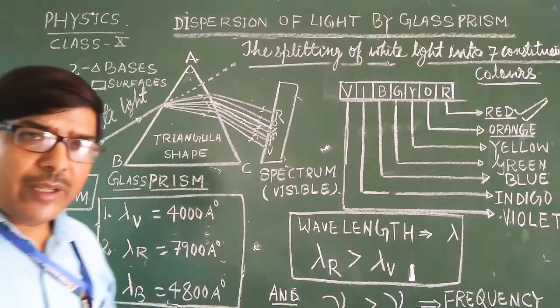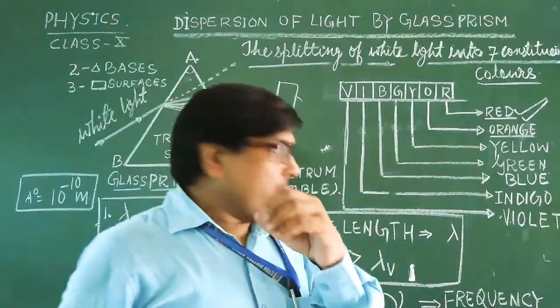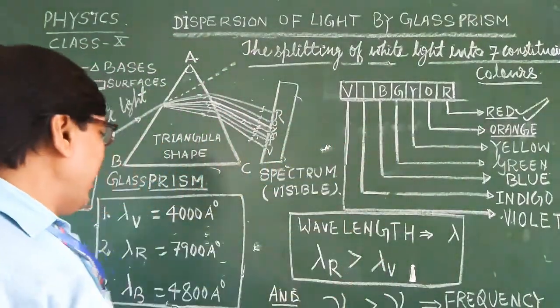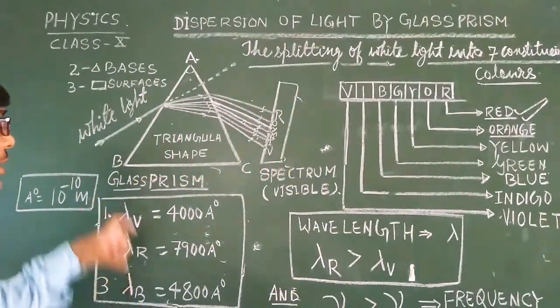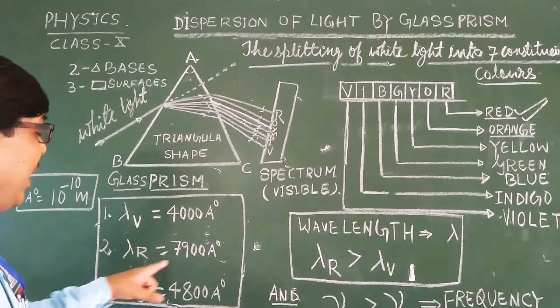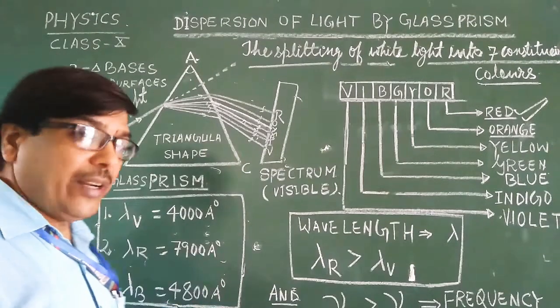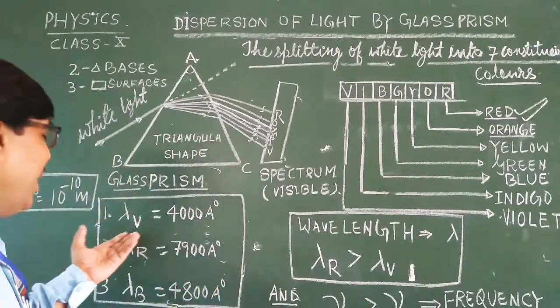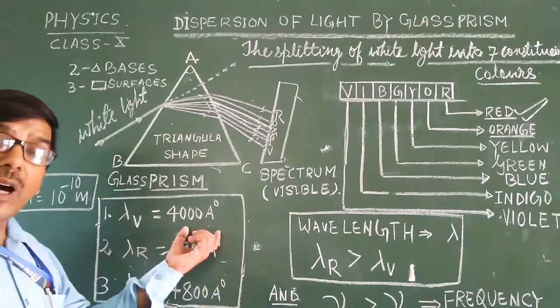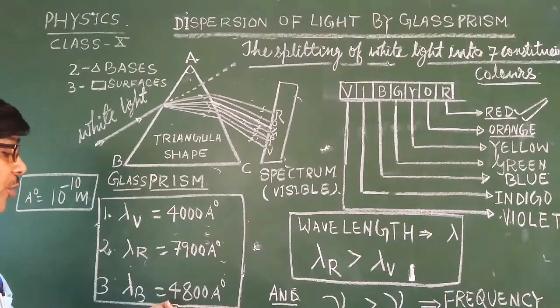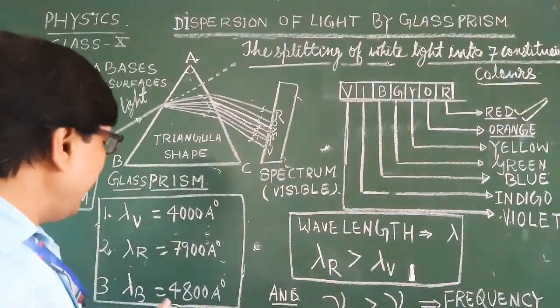As we know, the visible colors of white light have a range of wavelengths. The red color has the maximum wavelength, 7,900 angstrom, and violet color has wavelength 4,000 angstrom. Blue color has wavelength 4,800 angstrom.